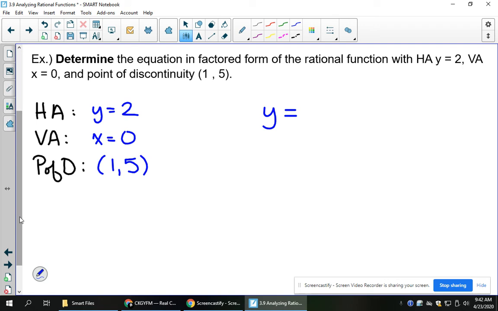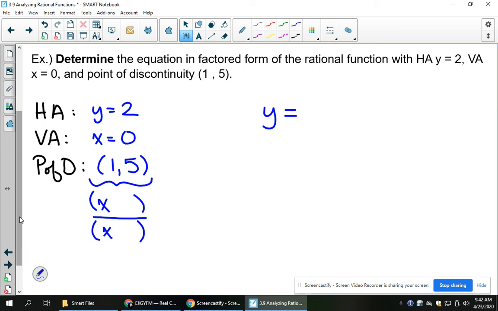The first thing I'd like to do is pull out of the point of discontinuity the bracket that cancels on top and bottom. So that always, if you look back in your notes, came from an x value. So something on top and bottom with an x canceled. Which number in this point, 1, 5, is the x value?